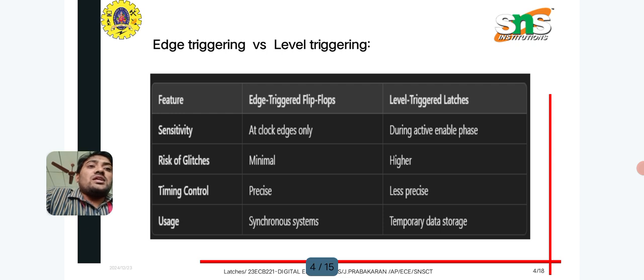Timing control is precise in edge triggered flip-flops, and less precise in level triggered latches. Next, usage: edge triggered is used in synchronous systems, and level triggered is used in temporary data storage.